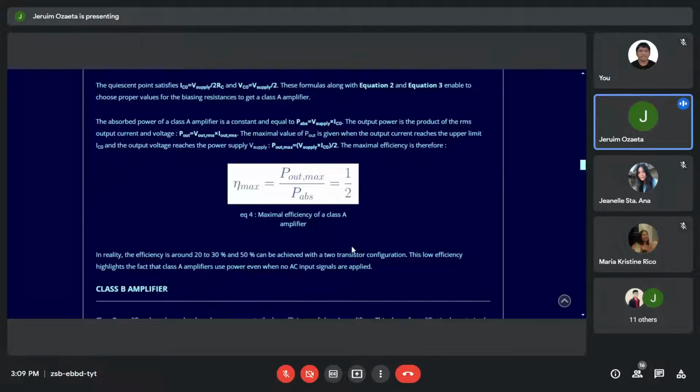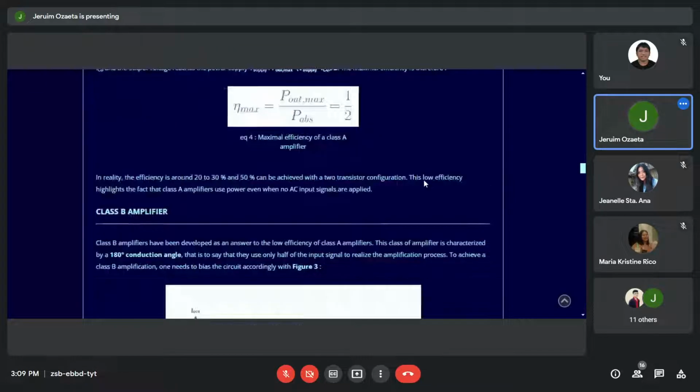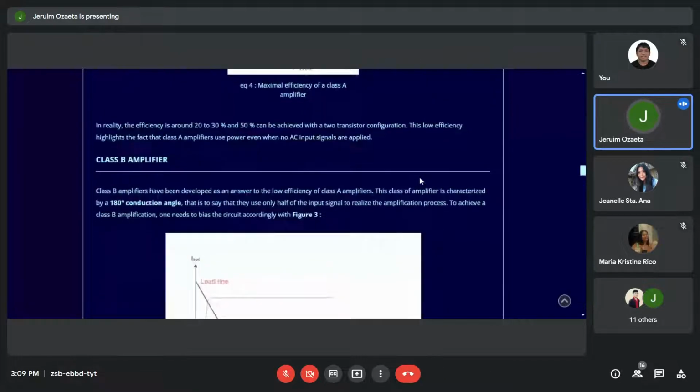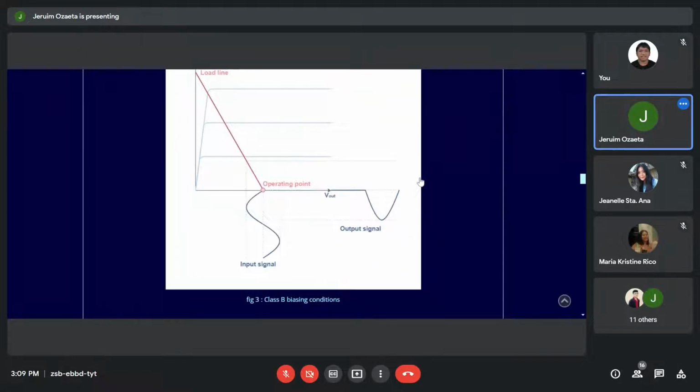And here, the maximum efficiency will be equal to the maximum output over the average value of the output. This is another system wherein the input signal is in phase with the output signal. So when the input signal goes down, the output also goes down.